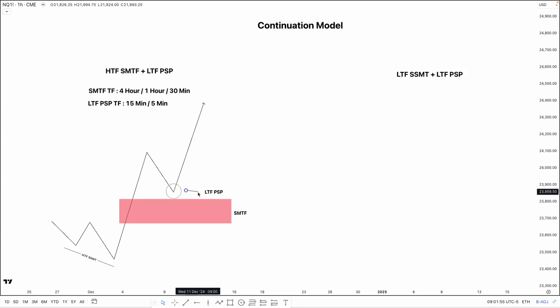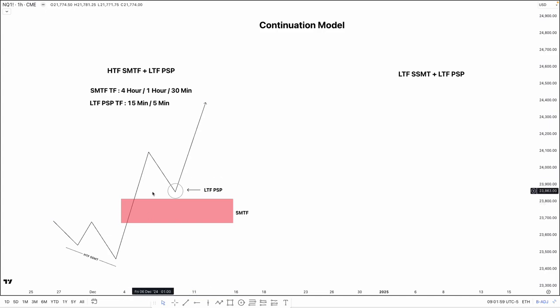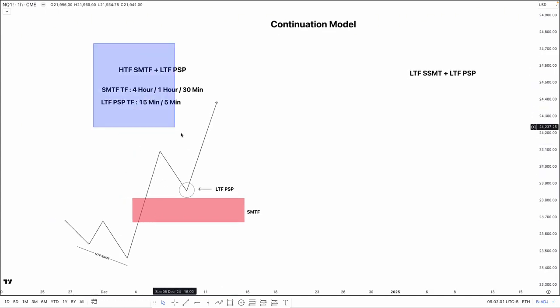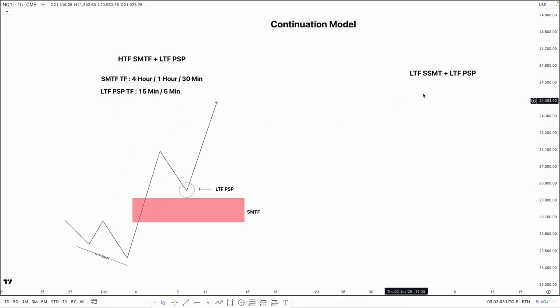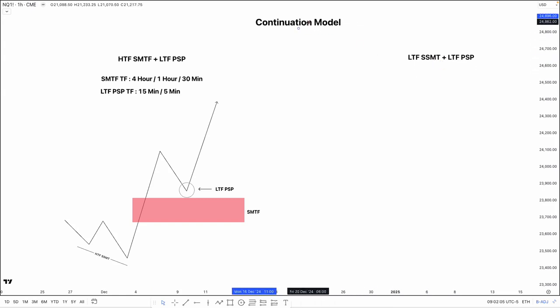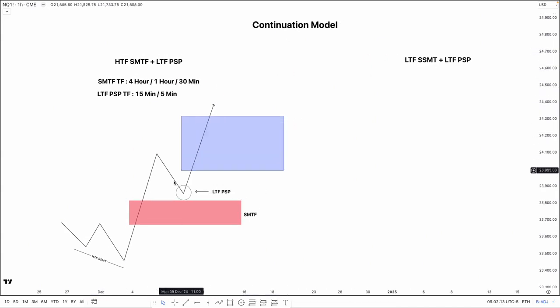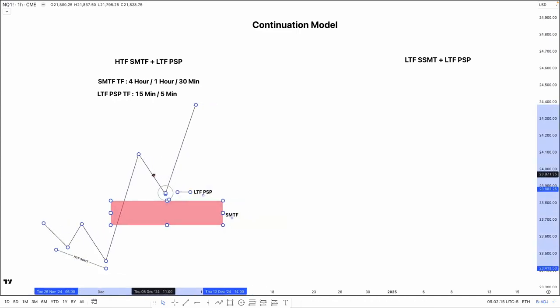Okay, and this is the first scenario we'll be looking for a continuation. So this continuation model is essentially two different models within the continuation model. So this is scenario number 1 that we'll be looking for.